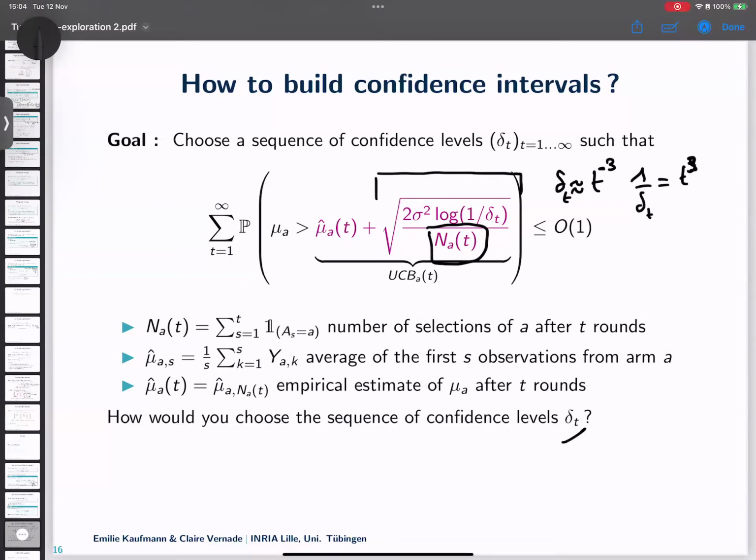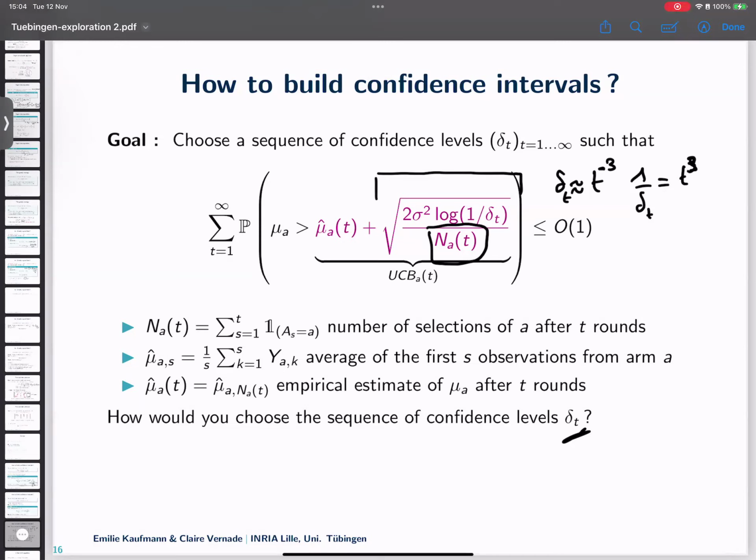So this is what I just answered to this question, how to choose it, but I don't want to spend too much time on this. What you're going to find in the tutorial is that you can define an exploration bonus of this form, square root of some log t divided by the number of times you've explored the arm.